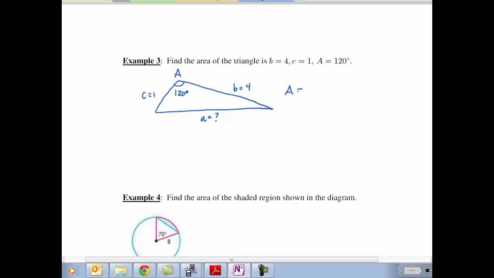So we'd say area is 1/2 of one of the sides times the other side times the sine of the angle between them. So 1/2 times 4 times 1 times sine of 120 degrees.